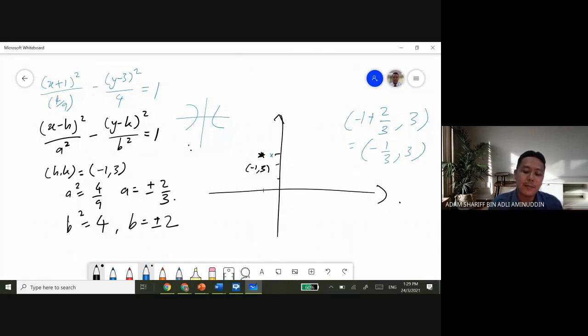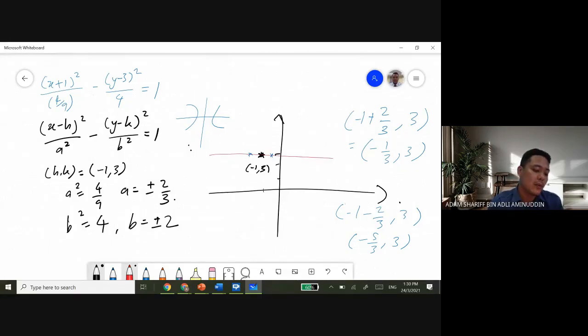And then satu lagi pula, negative 1 minus 2 over 3, 3. It will be negative 5 over 3, 3. The coordinate, sini, negatif 1.667. Lukiskan horizontal axis yang bersambungan.